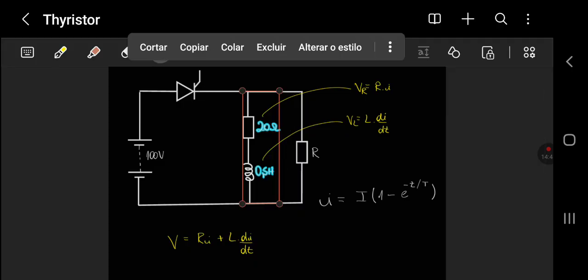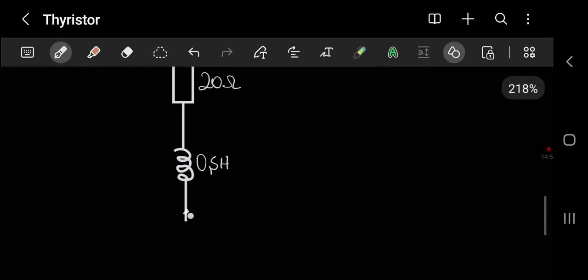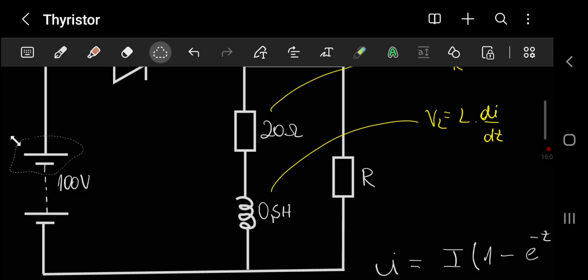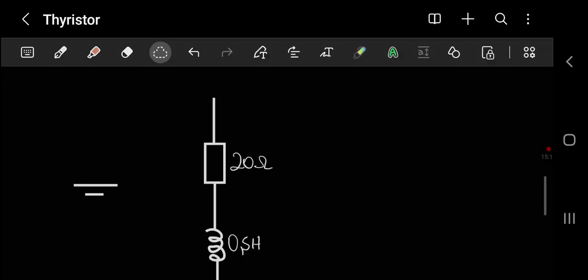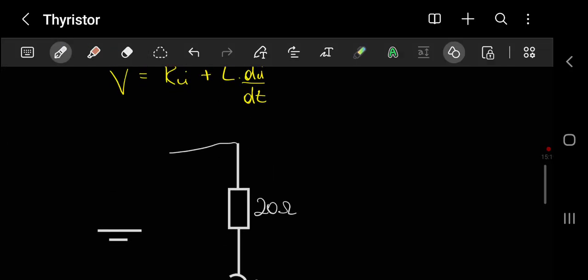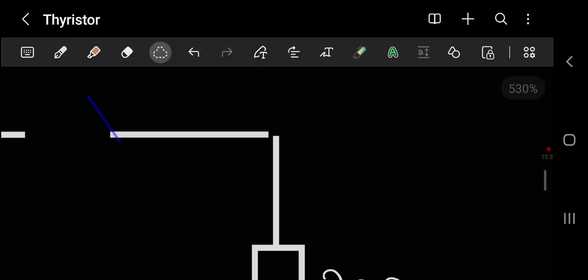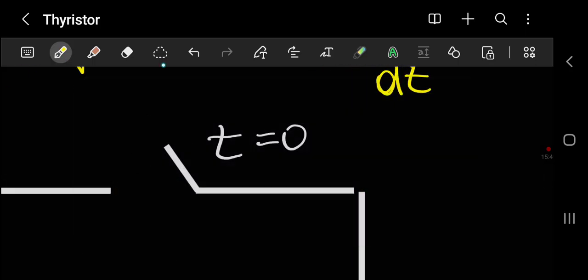Let me do this quickly. Okay, let me drag that source, copy that source, and draw a switch, because we need to have a start point, like t equals 0 when the switch closes.